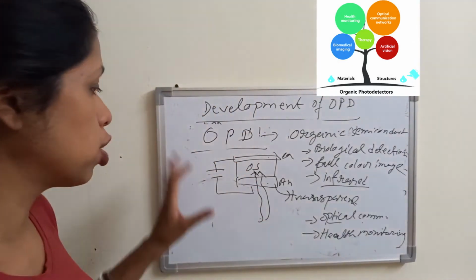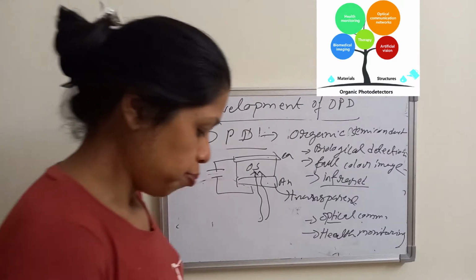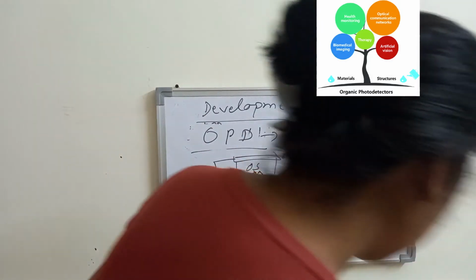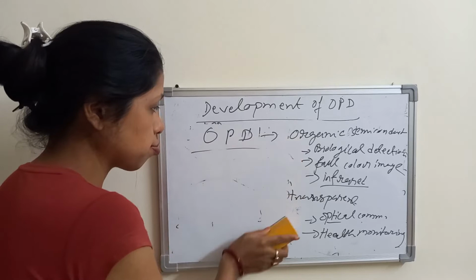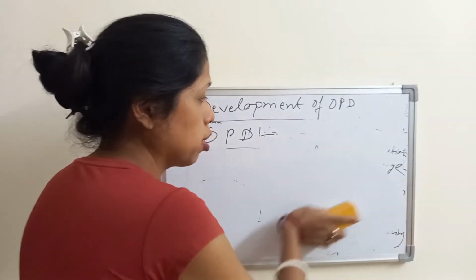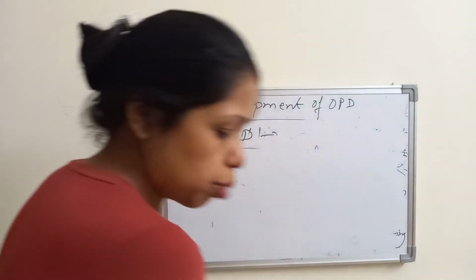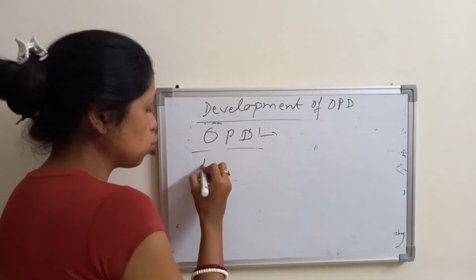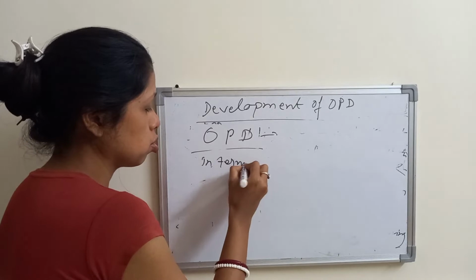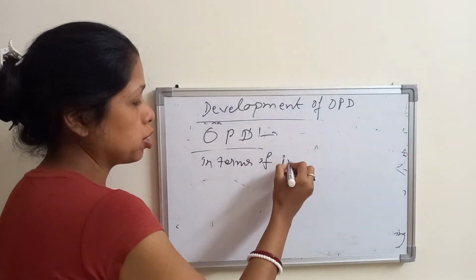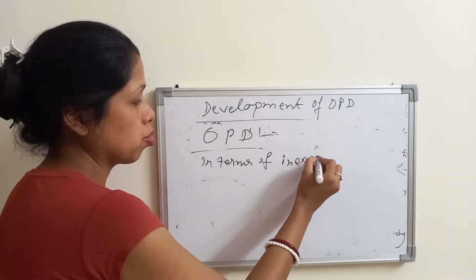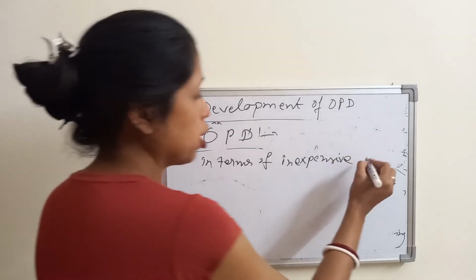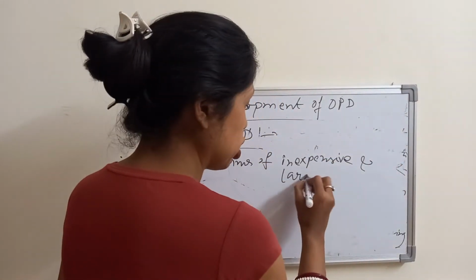Okay, by employing the organic light emitting diode. So mainly organic light emitting, or sorry, organic photodetectors. So there is huge production of organic photodetectors in terms of inexpensive and large area application.